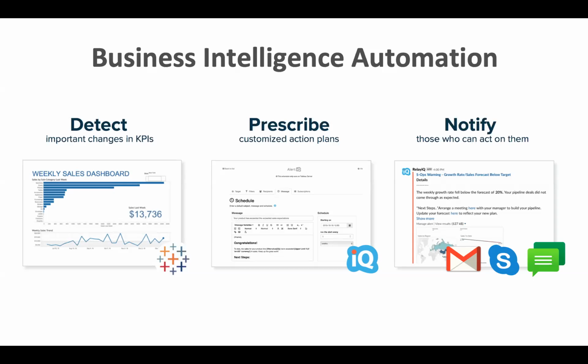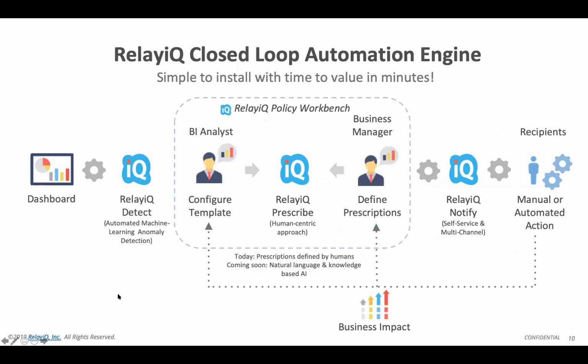So we've seen these three steps are all critical: detection of the outliers, prescriptions and notifications. Again, today we'll focus our time on the detection piece mostly, and we'll have other workshops focus more on prescribe and notify as well.